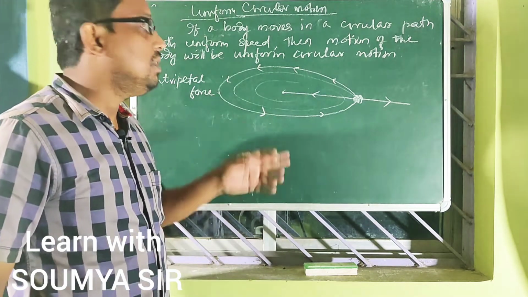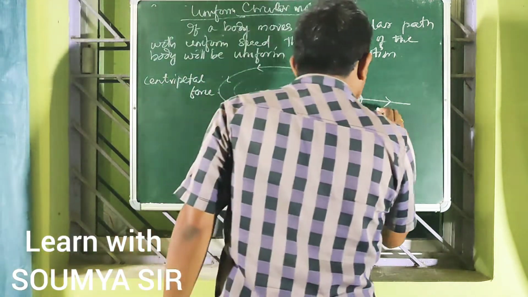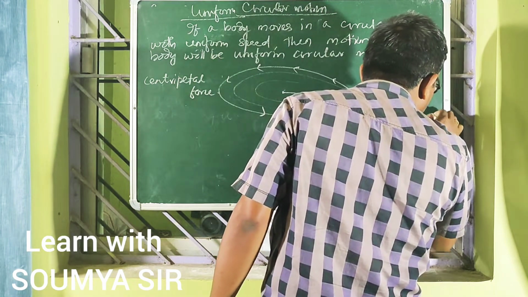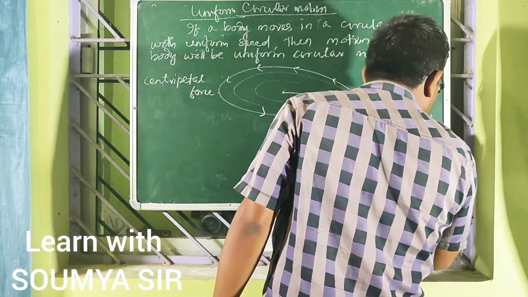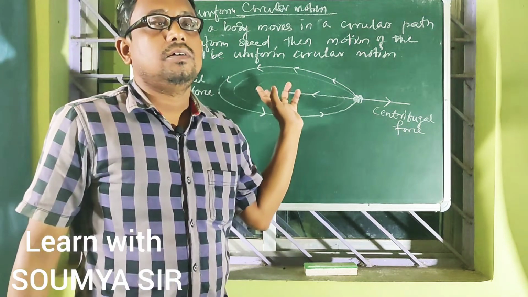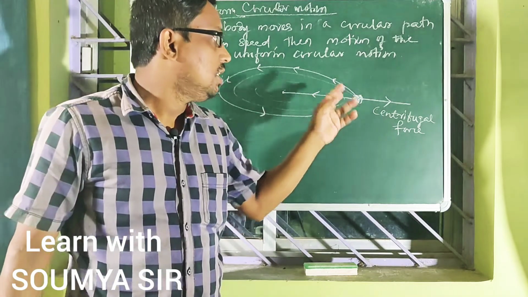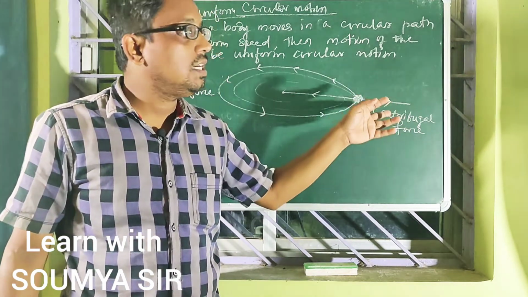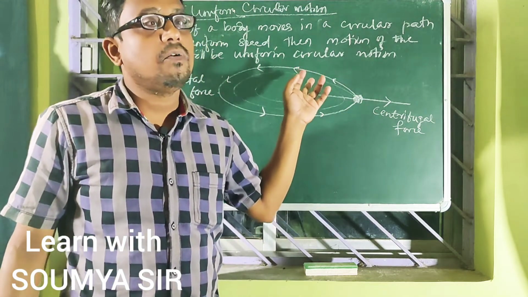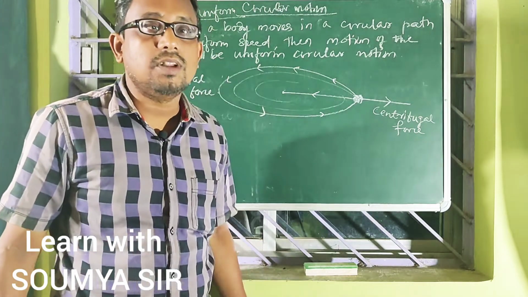That force, which is along the radius away from the center of the circular path, is called centrifugal force, spelled F-U-G-A-L. Centripetal force acts on the body along the radius towards the center. Centrifugal force acts along the radius away from the center. Due to the combination of both forces, the body maintains its motion in the circular path.